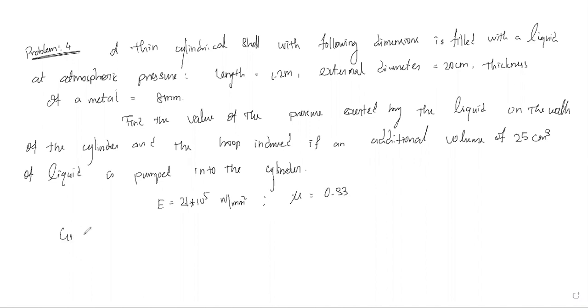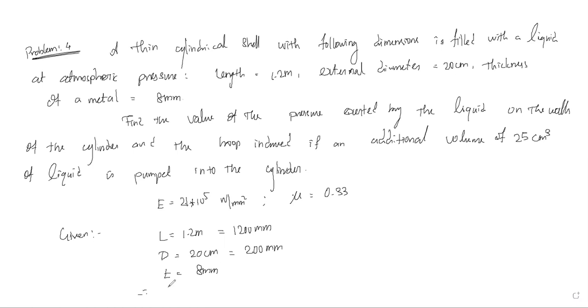So the given data are: the length L is equal to 1.2 meter, so this is 1200 mm. External diameter capital D is equal to 20 centimeter, which is nothing but 200 mm. Thickness t is equal to 8 mm.